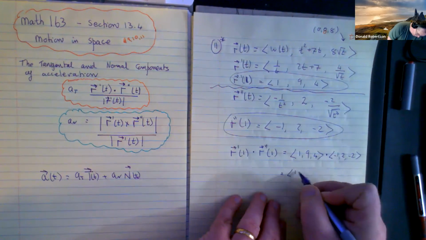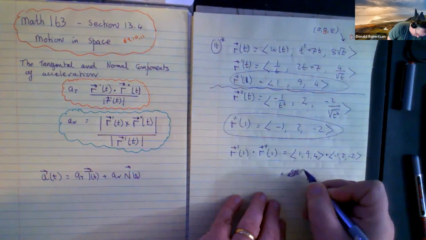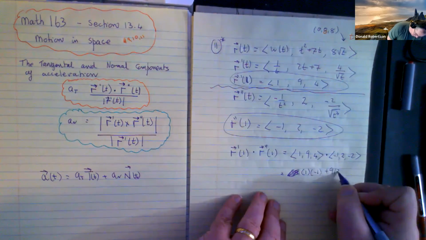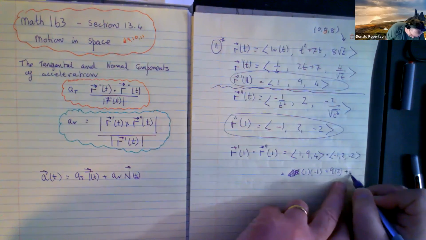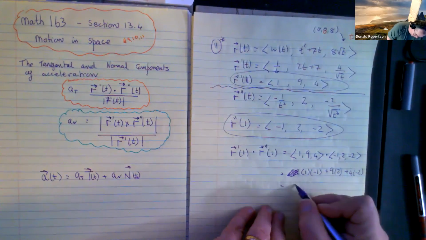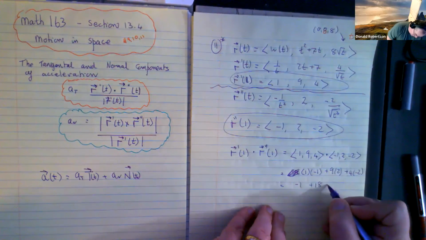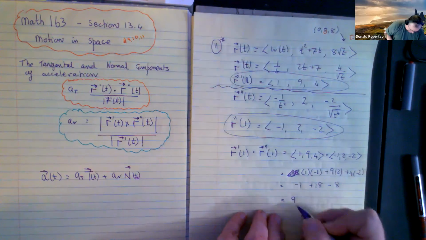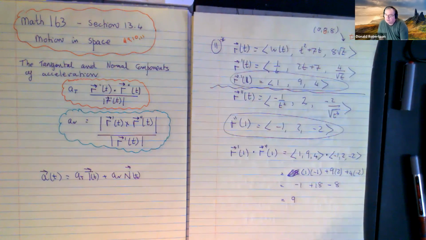And that's 1 times -1 plus 9 times 2 plus 4 times -2. And what's that? -1, add 18, take away 8. I make that 9. Does that look good?